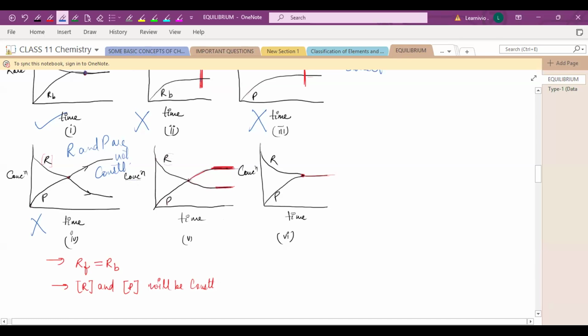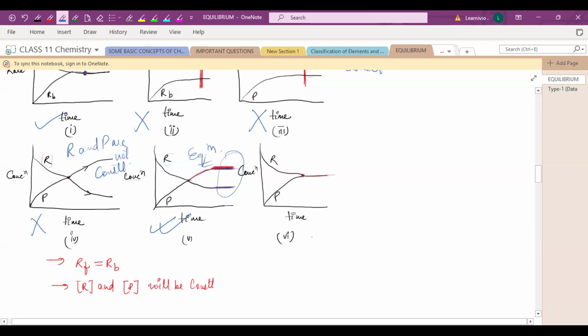And after some time, again they increase and decrease, and after some time they become constant. You can see this line, they become constant. So this is an equilibrium graph. It is correct, because this line basically shows the equilibrium.